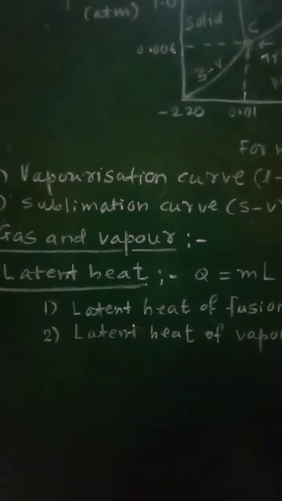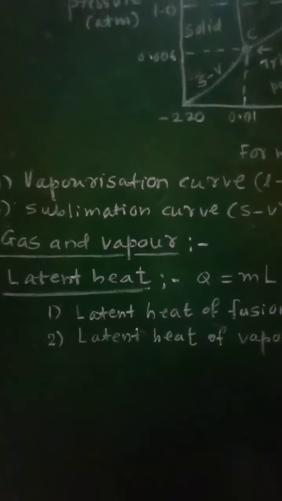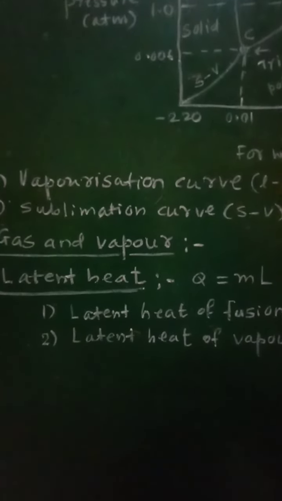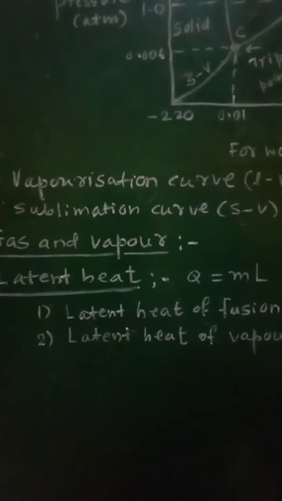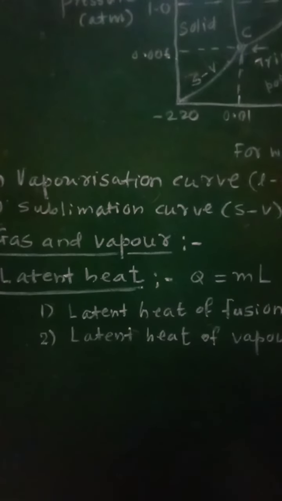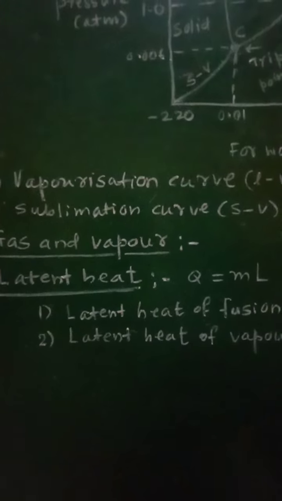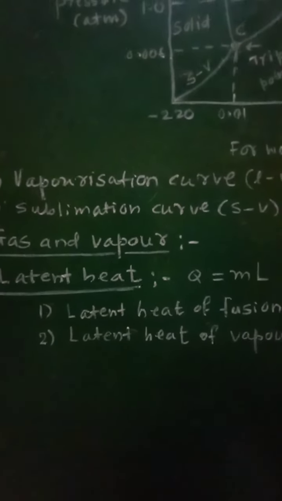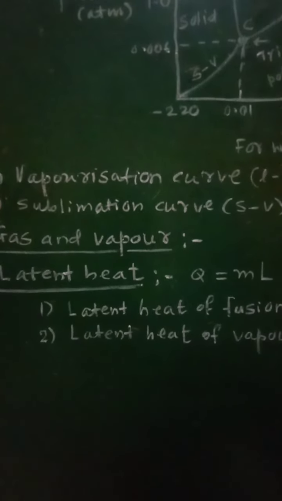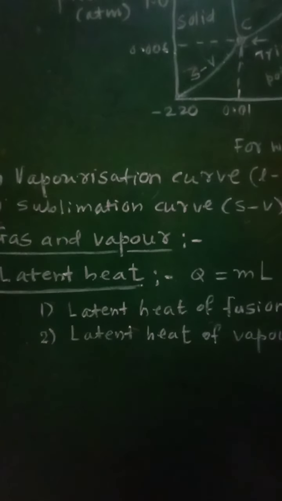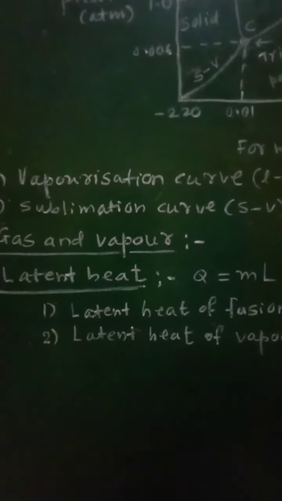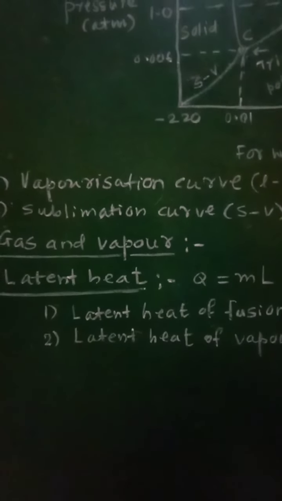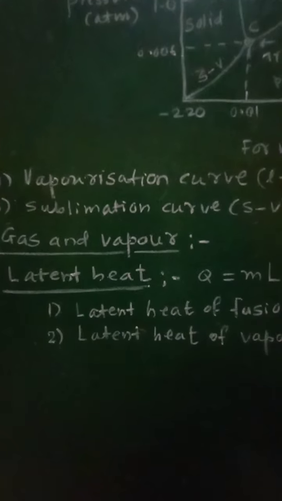So when there is conversion of one state of matter into another, either heat energy is absorbed or sometimes it is given out, but there is no change in temperature.